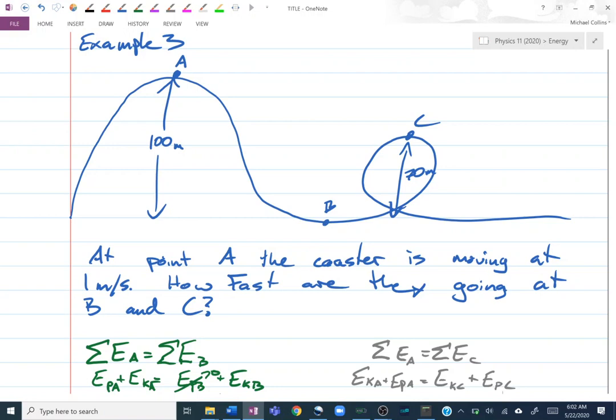So I can't simplify the left-hand side of my equation much at all. On the right-hand side of my equation, I have kinetic energy because I'm going to be moving. If I wasn't moving, I wouldn't make it all the way around the loop-de-loop, and that's not the point of the roller coaster. And I'm not on the ground. So I've also got potential energy. So this equation right now doesn't actually simplify at all.